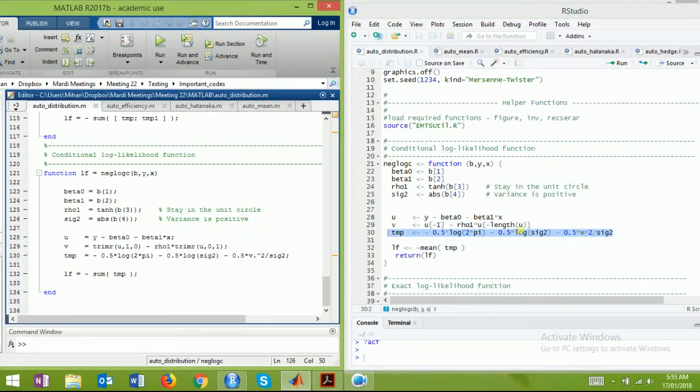No change. The only thing is that in the previous example we had our rho fixed, which is 0.2. Now in this case our rho is not fixed.